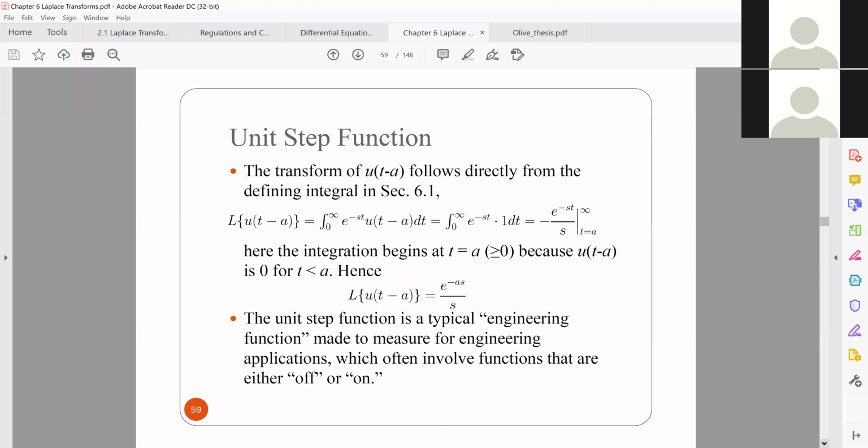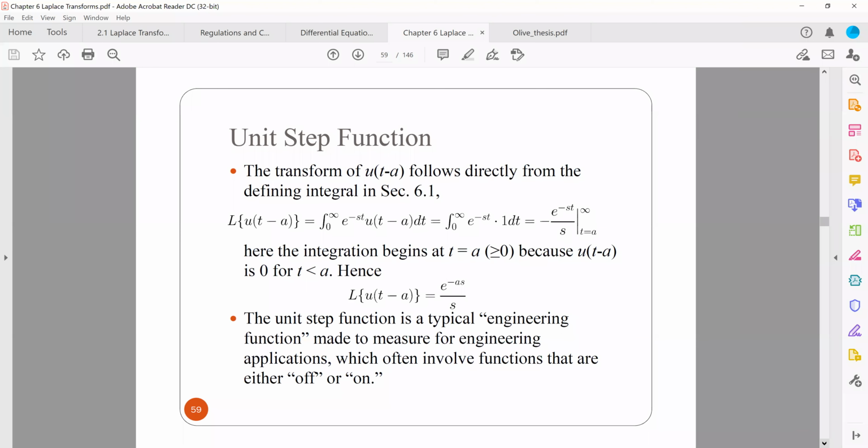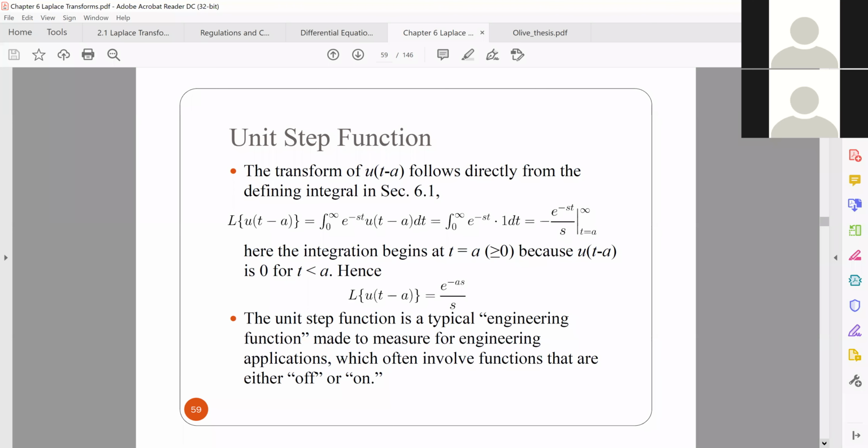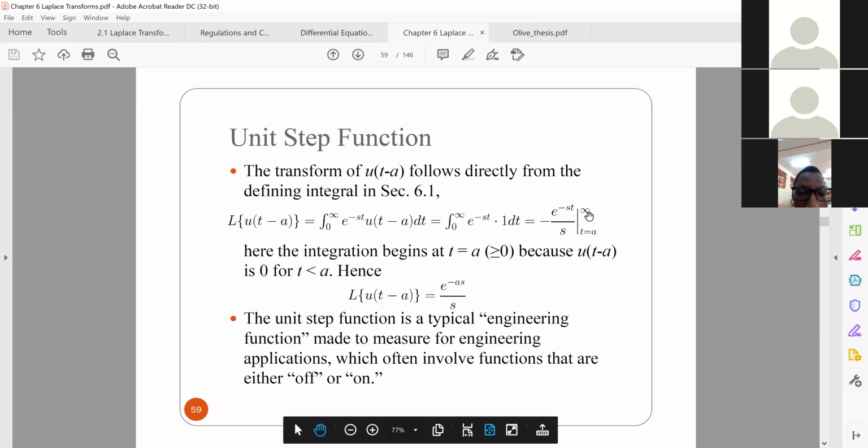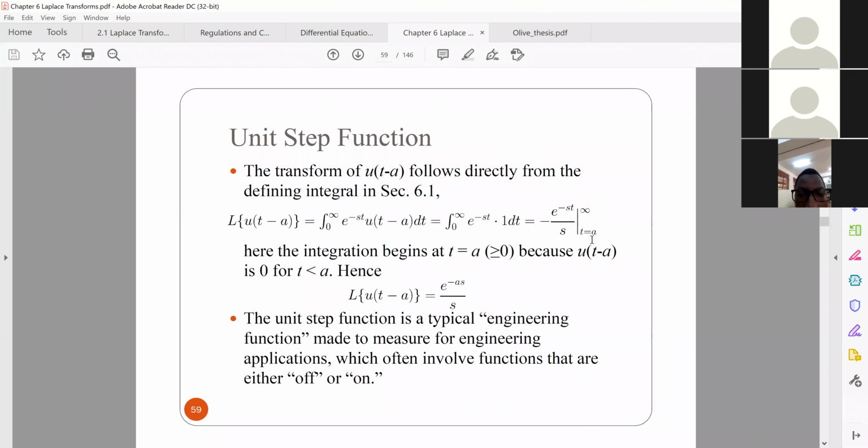So what is the Laplace transform of this step function u(t minus a)? It's relatively straightforward if you've done your integration. The Laplace transform is defined from 0 to infinity, but we know our step function starts from some value a. So when you do the integral, your limit is actually going to be t equals a to infinity, because anything below a is going to be 0, and anything at a and above is going to be 1.